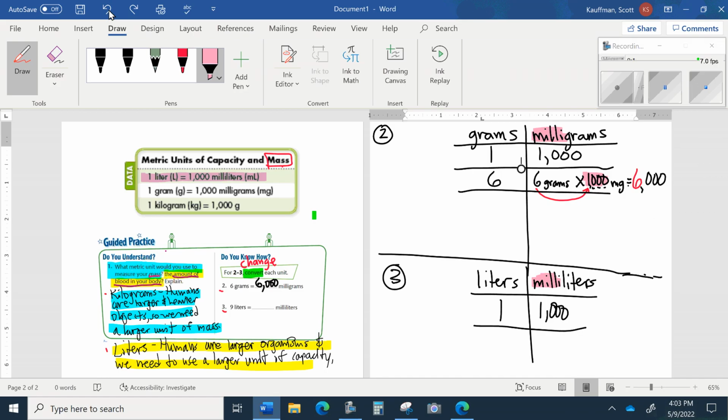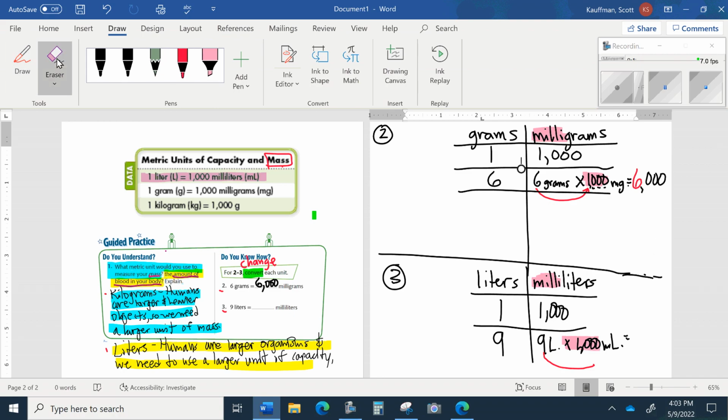All right. So I'm asked to find 9 liters is how many milliliters? So I'm going to multiply 9 liters times 1,000 milliliters. And I notice milli means times 1,000, so that's a good observation. And I know that I can multiply just like I did.